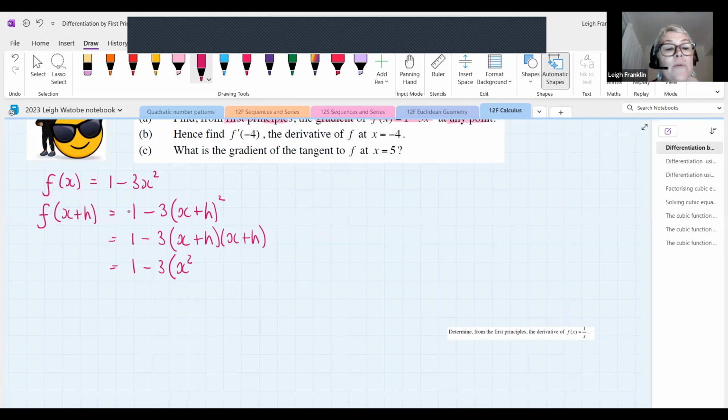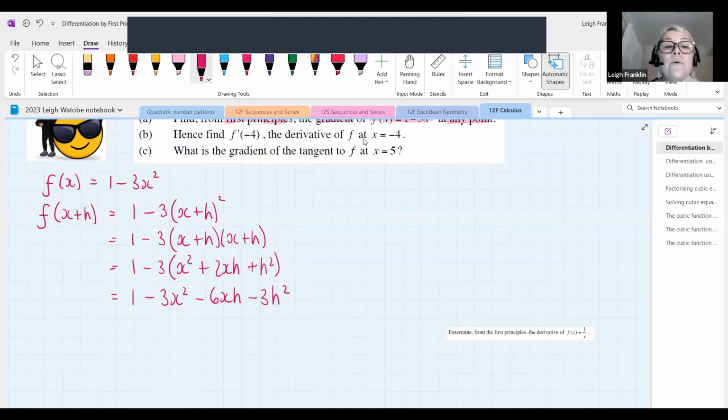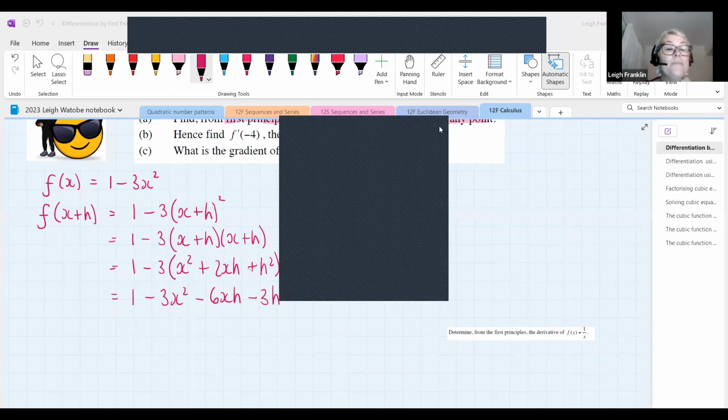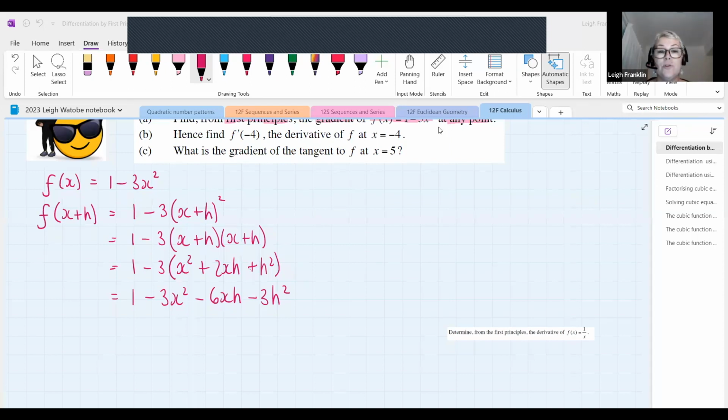That's going to leave me with x squared plus 2xh, and then last times last, that would leave me with h squared. Now I'm going to remove my brackets in the -3, and I'm going to end up with 1 minus 3x squared minus 6xh minus 3h squared. Okay, so do that first.